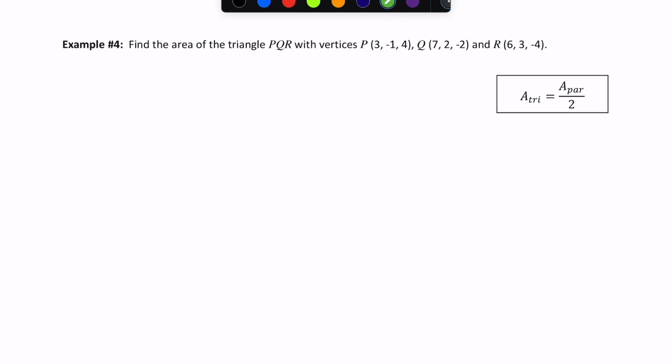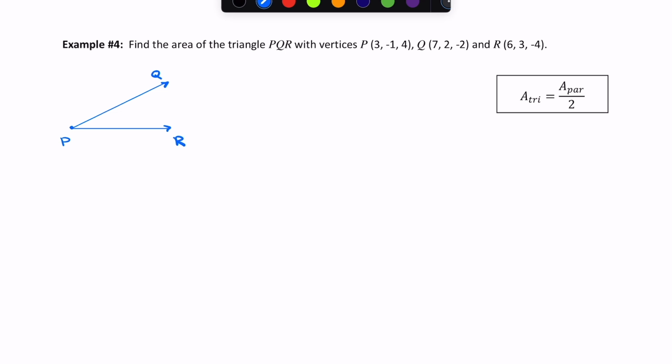And then example 4 says find the area of the triangle PQR with the vertices P: 3, -1, and 4, Q: 7, 2, and -2, and R: 6, 3, and -4. If we draw our diagram, we have P, Q, and R. And here we're given the formula.